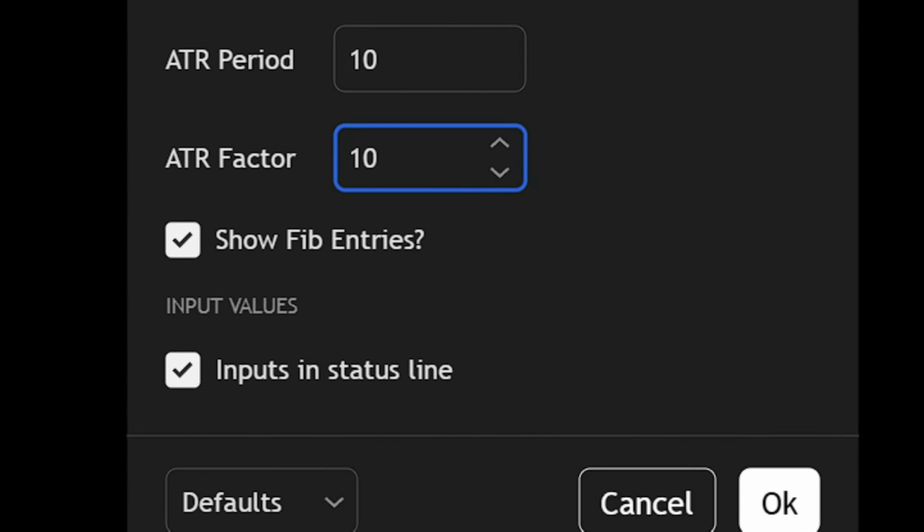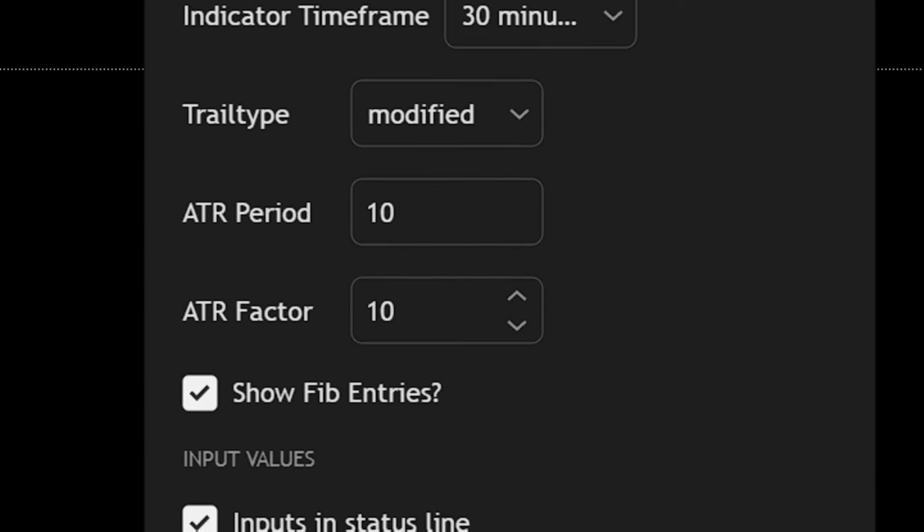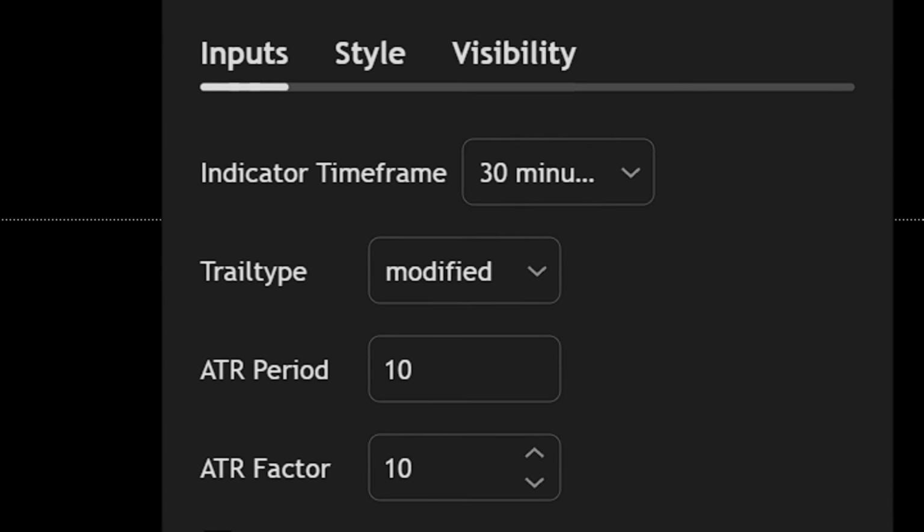Finally, go to the style and remove clutter. All you need is the main ribbon.